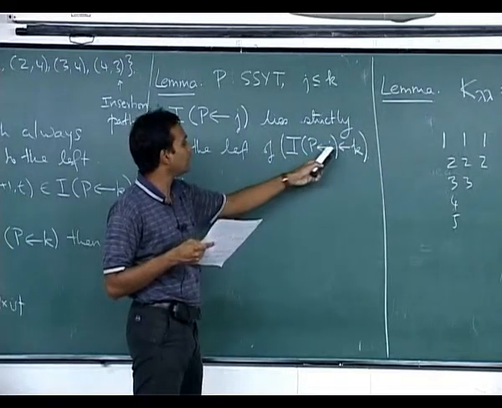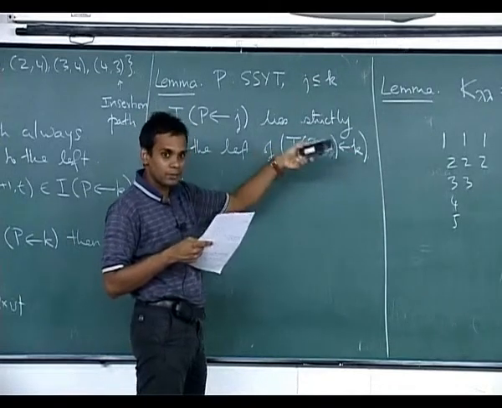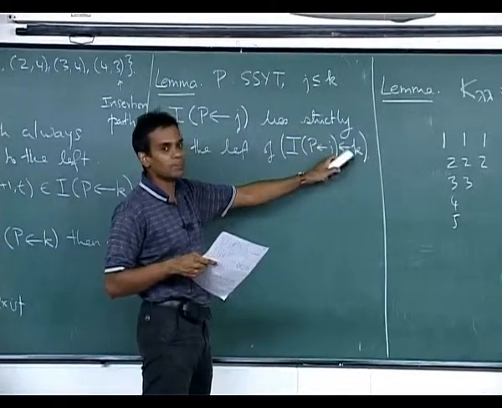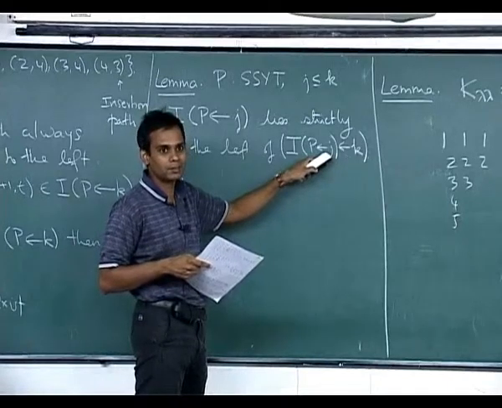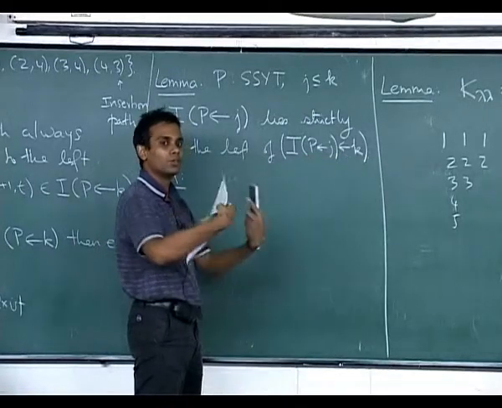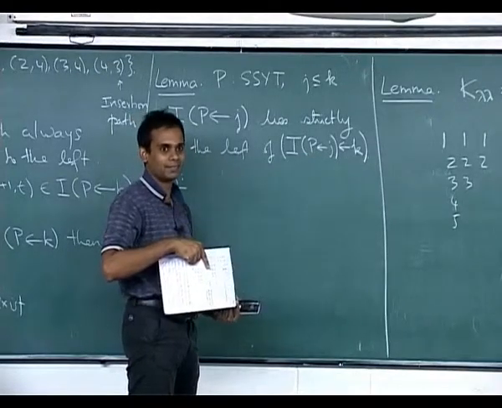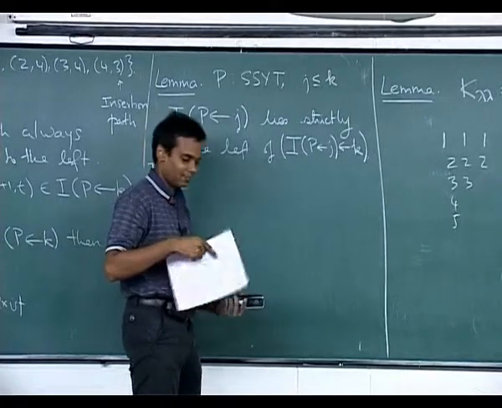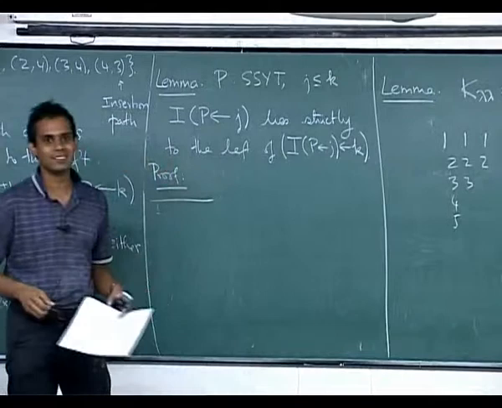So, if you take J and use it to bump up something, and then you take K, you bump up something to the right of it in the original tableau, then since you bumped up something to the right of it, it would be greater than or equal to what J bumped up in the first place. Now, both these things are going to be bumped up to the second row, and the same argument can be repeated again. Is that clear? Okay, so it's easier to say these things than to write them down.